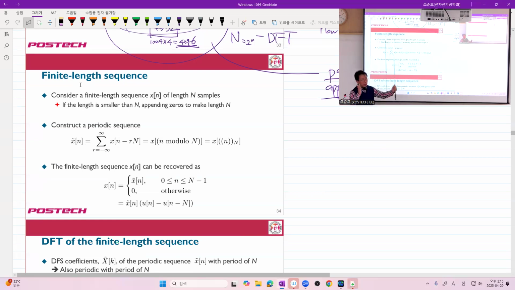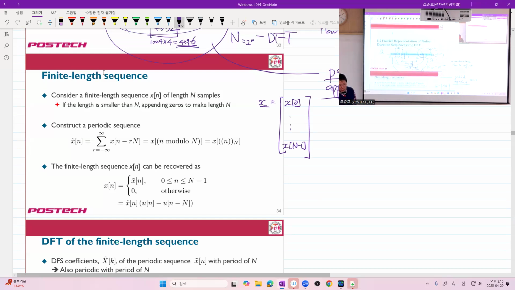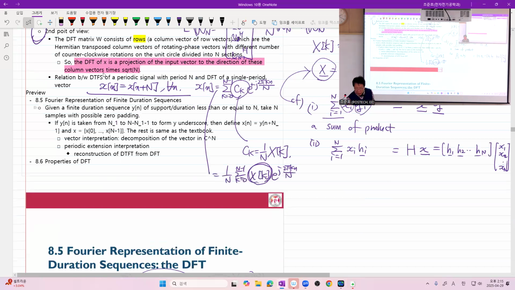By the way, we are going to take N of them. Got it? And we have a vector. Temporarily, let's assume for convenience that we have taken from 0 to N minus 1. However, we may take from some n sub 1 to n sub 1 plus N minus 1.